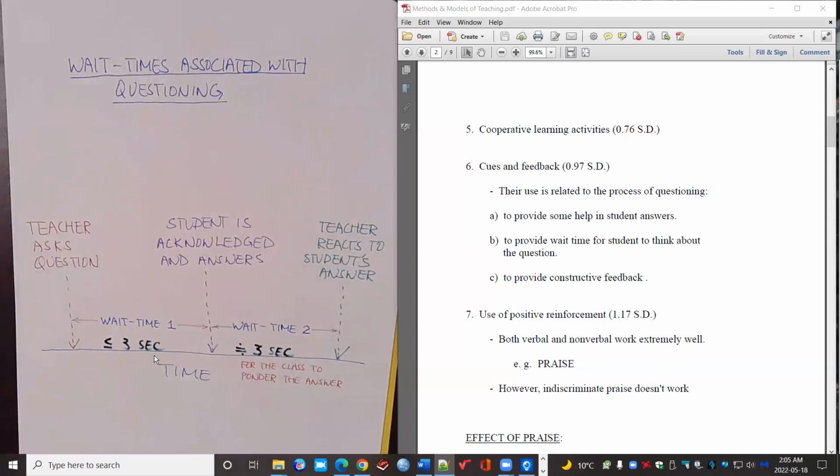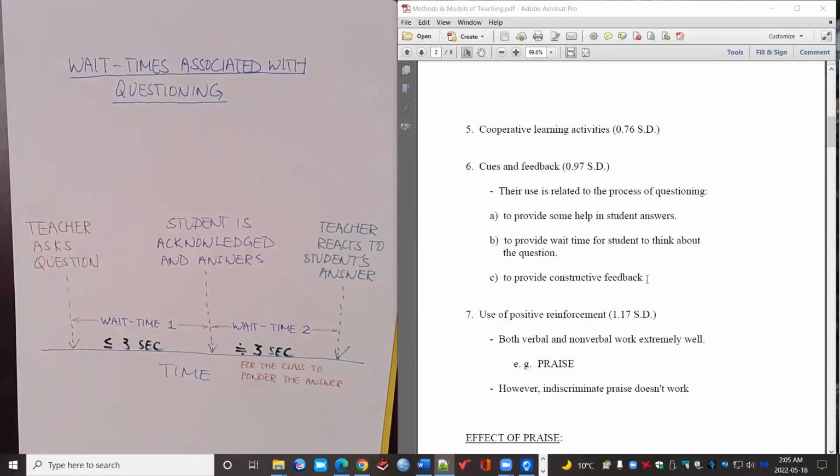All right. So now, to provide constructive feedback. Of course, in a classroom situation, this is given verbally.